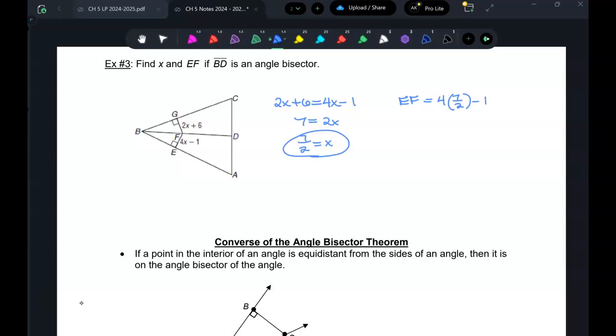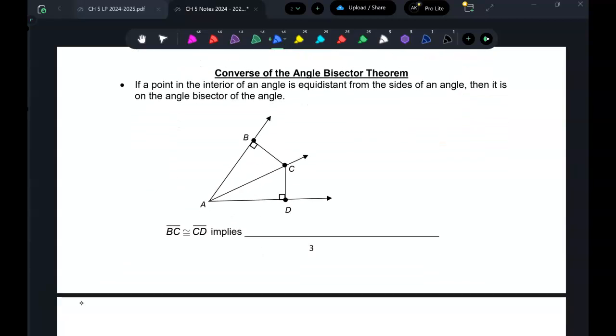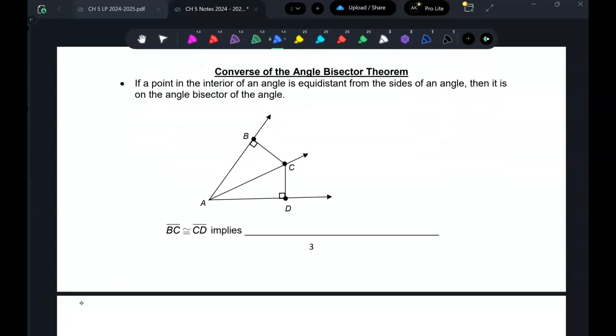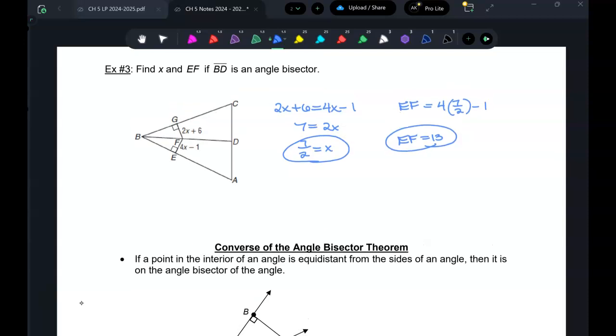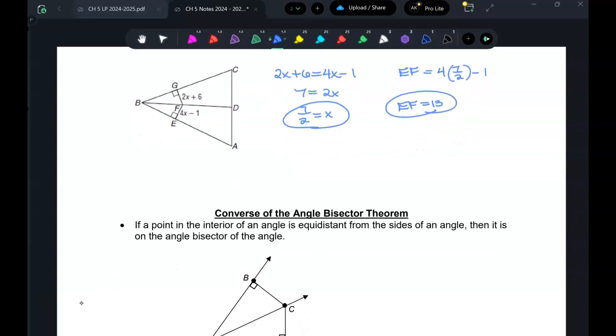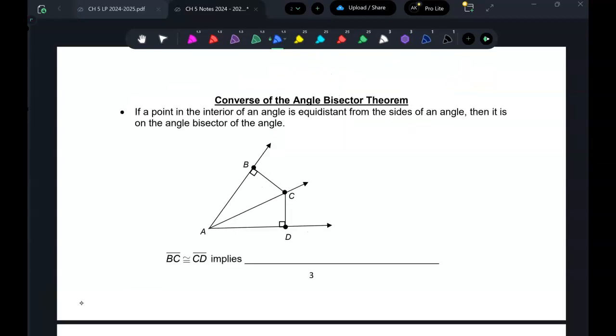There's a reason I leave it as 7 halves. 2 goes into 4 2 times. So 2 times 7, 14, minus 1, so it's 13.